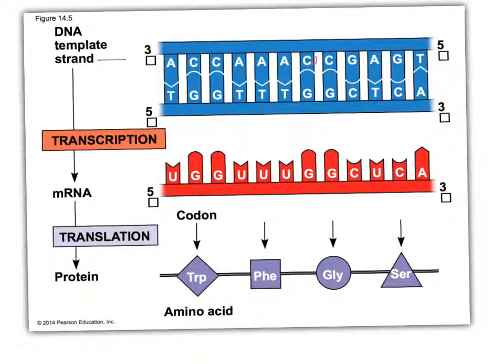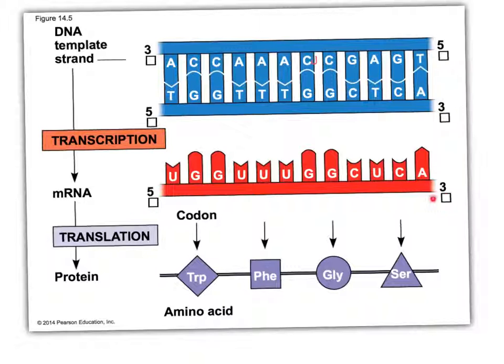We'll do it this way: A to U, C to G, C to G. You could also know that the non-template strand in DNA, if you took out all the T's and replaced them with U's, would be equal to what you have in the RNA. The non-coding strand, right? If you take out these T's and replace them with U, they would be equal to what you have in the RNA.